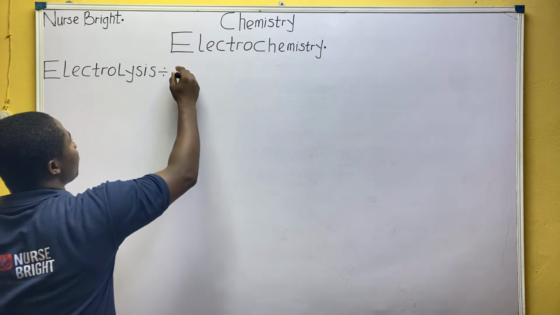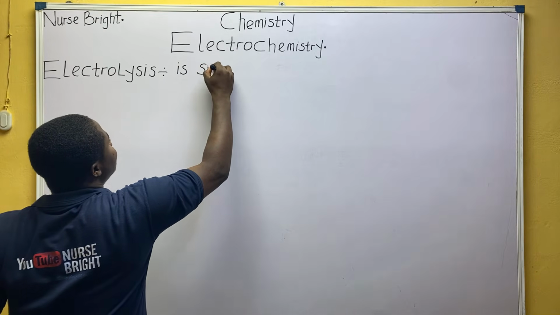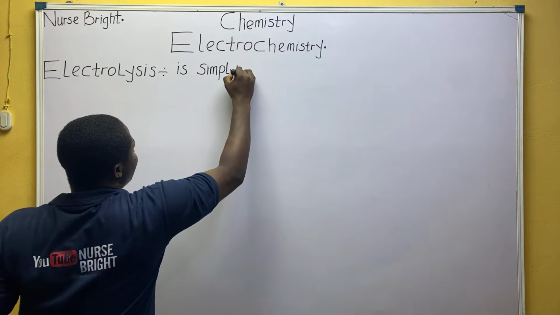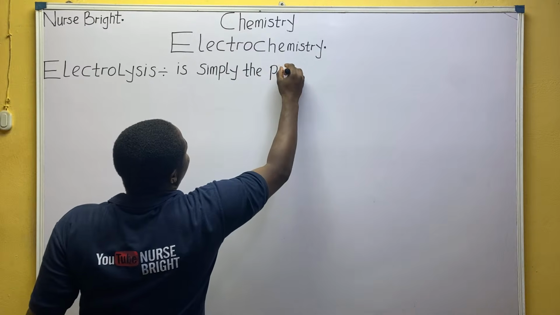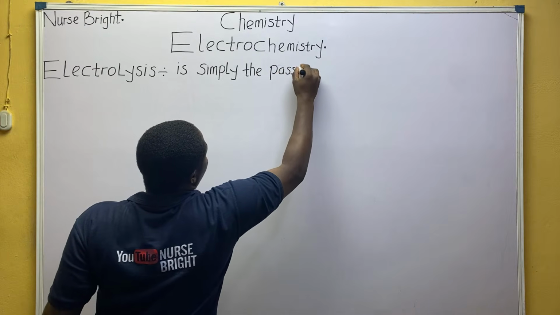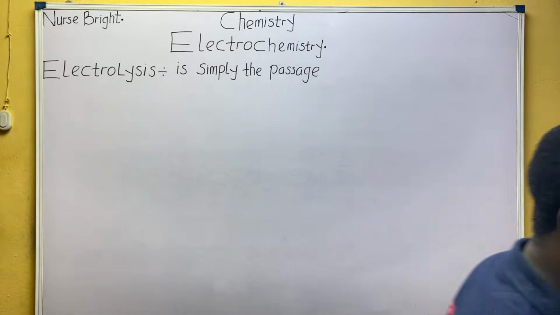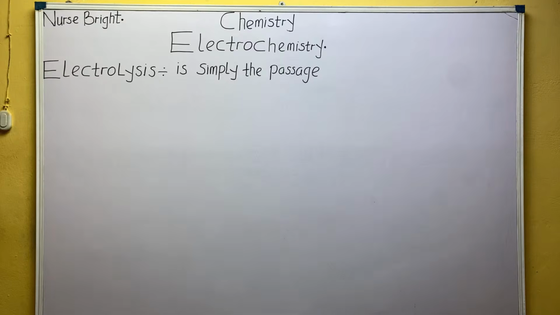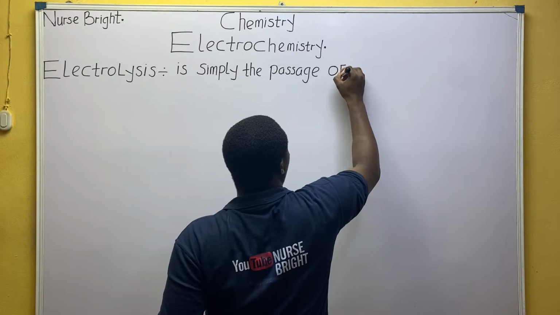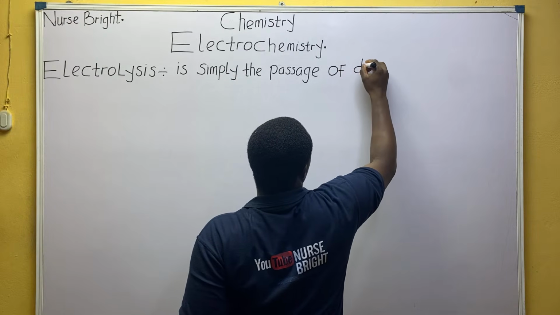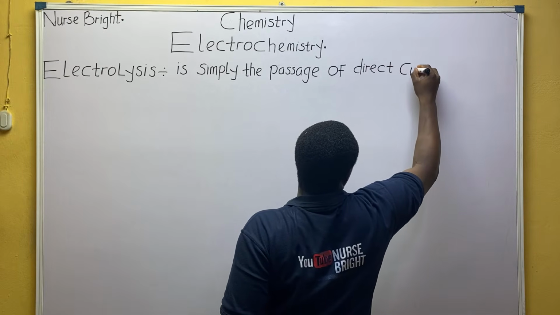Electrolysis is simply the passage of something very important, and it's simply called direct current. Please pay attention.